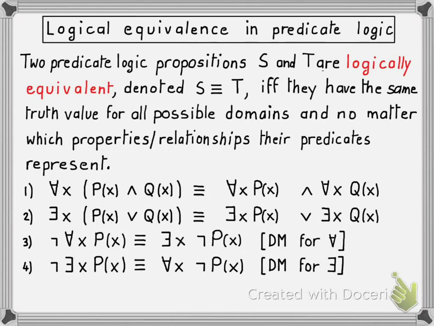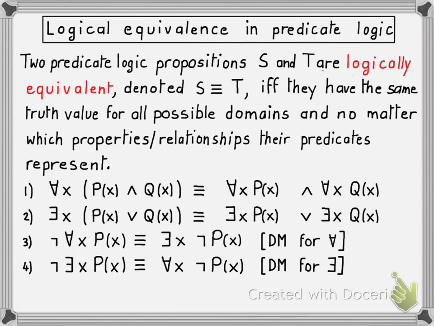So the way to remember them is that if you start with the negation of a quantified proposition, you can move the negation across, or actually after, the quantifier. So notice how the negation ends up here.